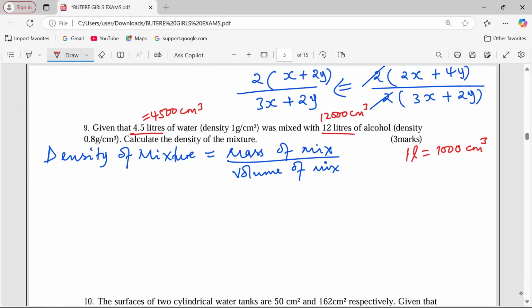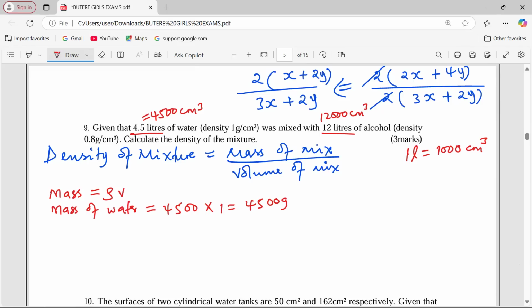So now, mass is usually given by density times volume. Therefore, mass of water will be 4,500 multiplied by 1 gram per cubic centimeter, giving us a mass equivalent to 4,500 grams.